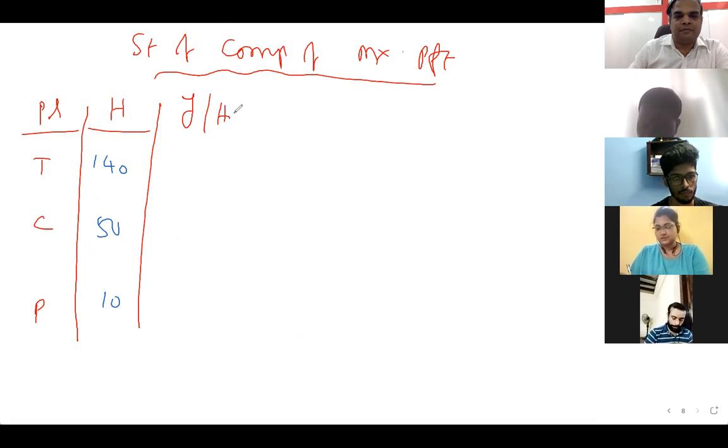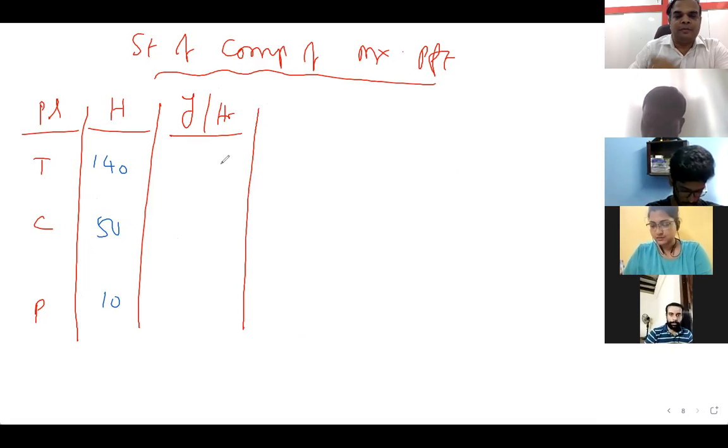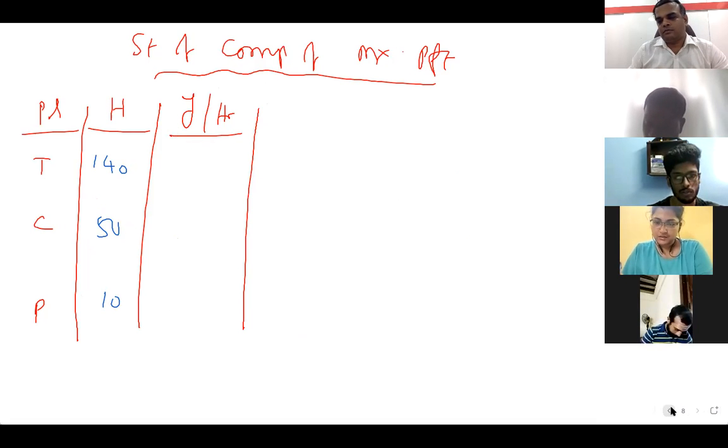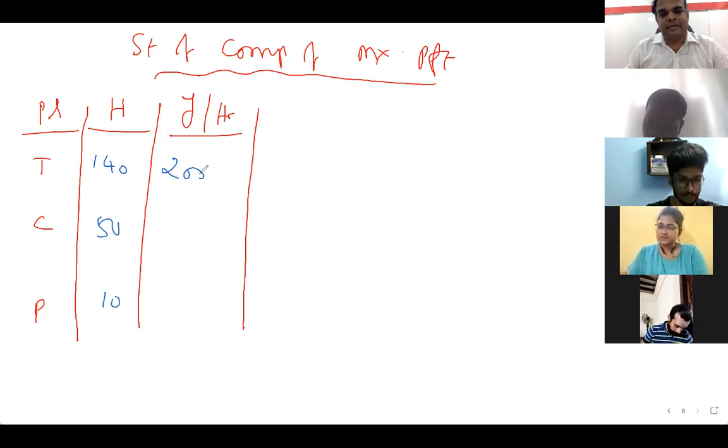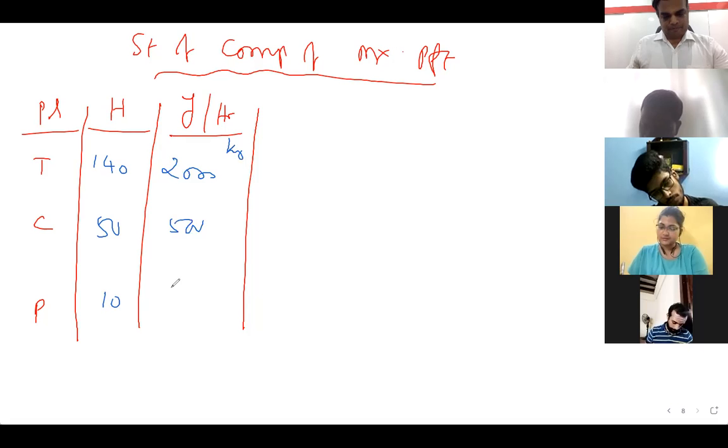Yield per hectare. Tea, how much is the yield per hectare? 2000 kg. Coffee, 500 kg. Pepper, 100 kg.